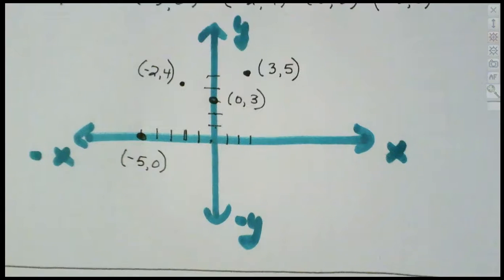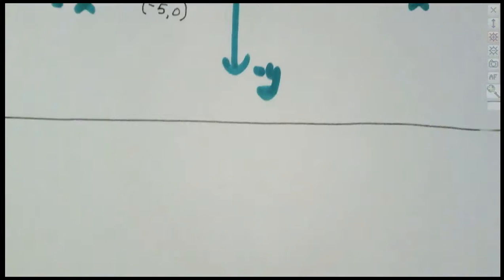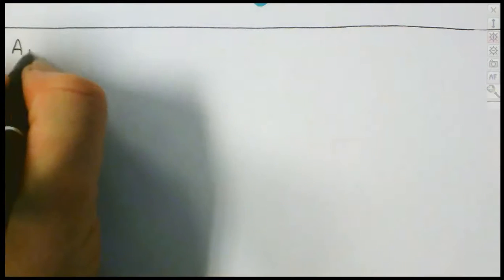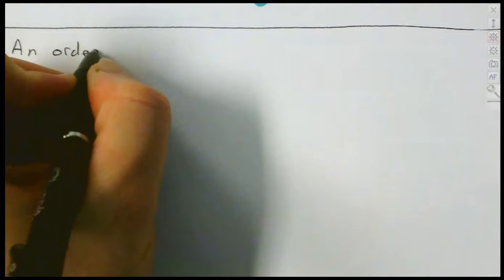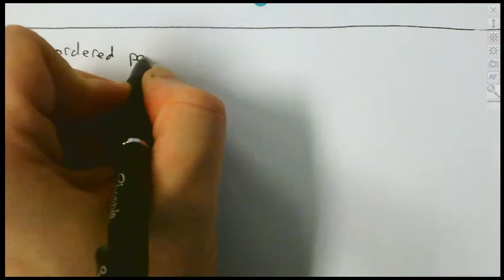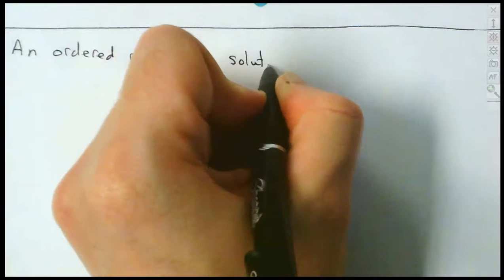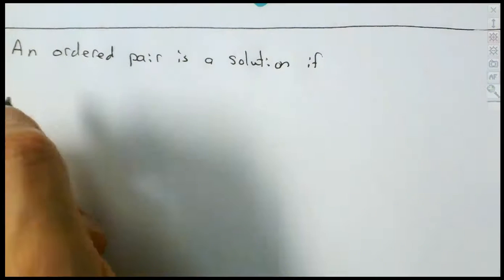Now let's talk about if something's a solution. So an ordered pair is a solution if both sides match when used in an equation.